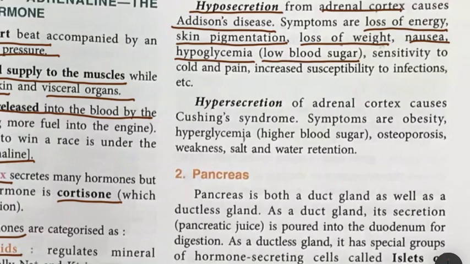So there is low blood sugar. Sensitivity to cold and pain. That means you feel cold very quickly and you feel pain very easily, even if it is a small cut, the pain is terrible and the person will easily get other infections. That is, there is increased susceptibility to infections.